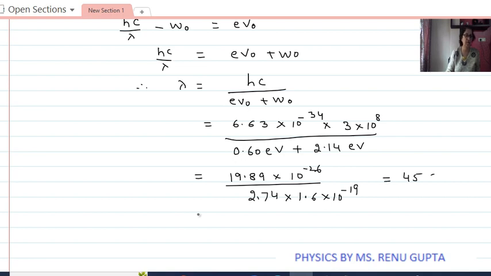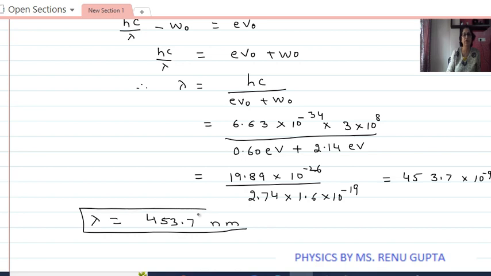On solving this, it comes out to be 453.7 into 10 to the power minus 9. Therefore, the wavelength comes out to be 453.7 nanometer. This way we have calculated the wavelength of the incident light so that at the given stopping potential the photoelectric current becomes 0.